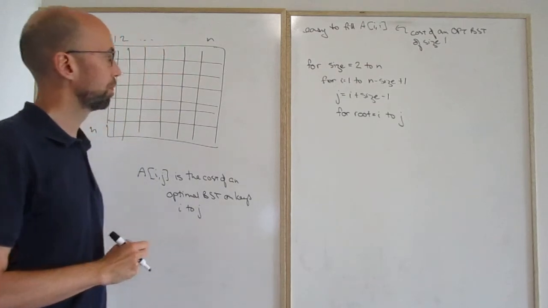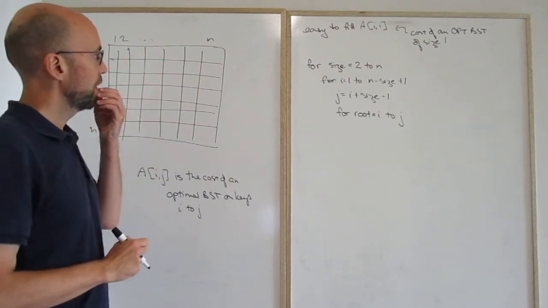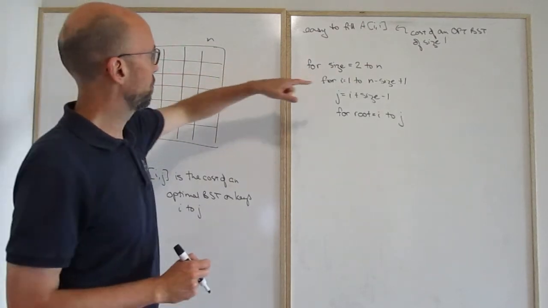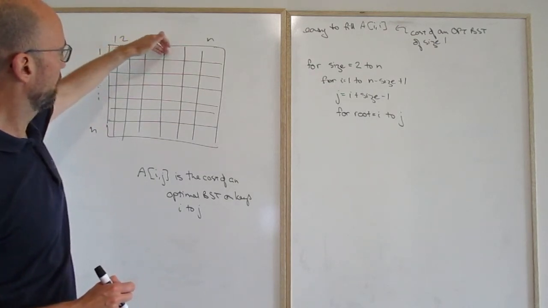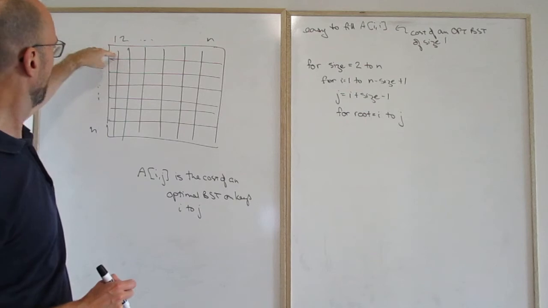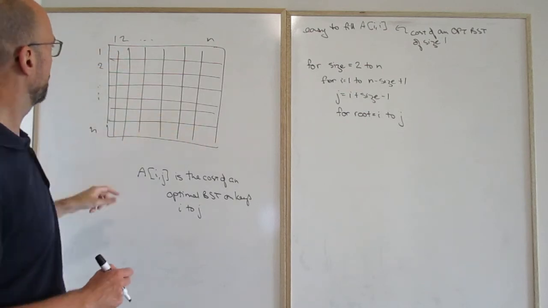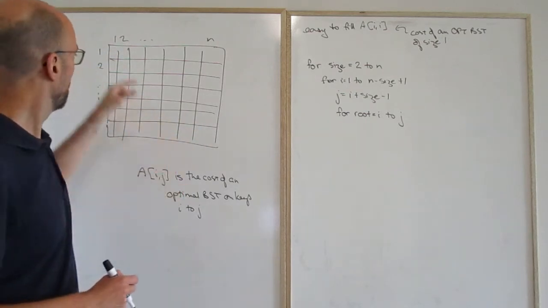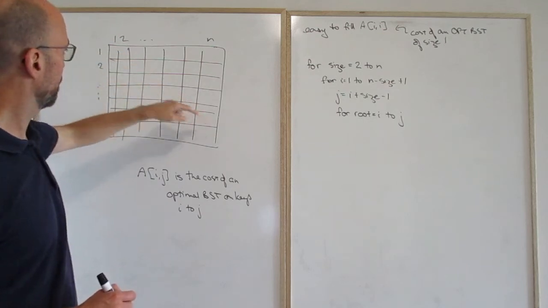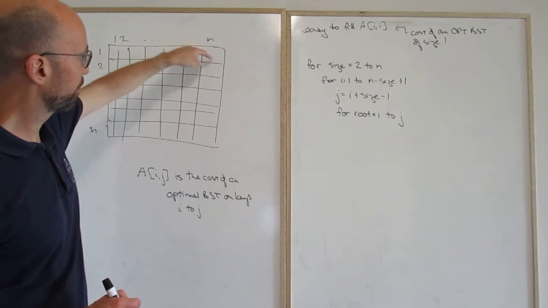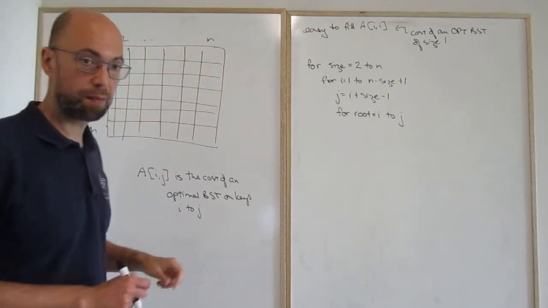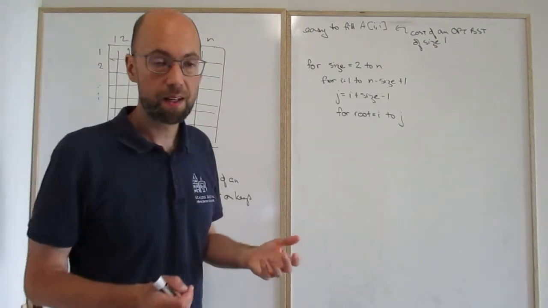So size tells you which diagonal you're on: on this diagonal it's size 1, on this diagonal size 2, on this diagonal size 3, and so on, until you get up to n by n, in which case it's size n.